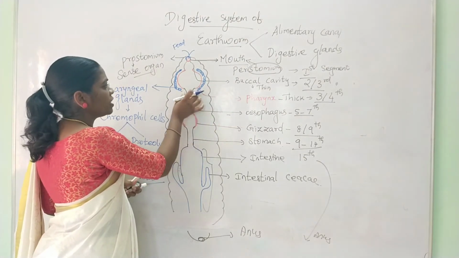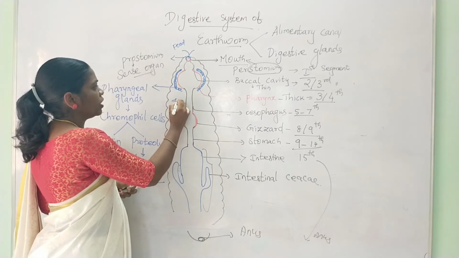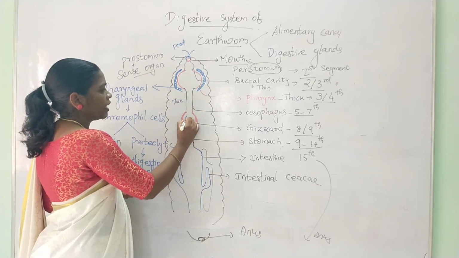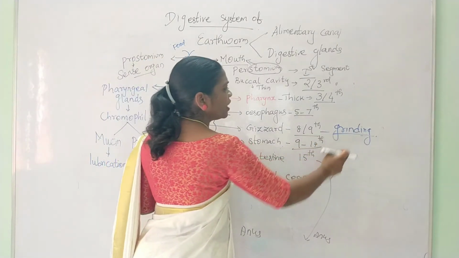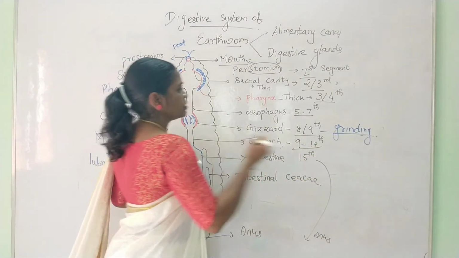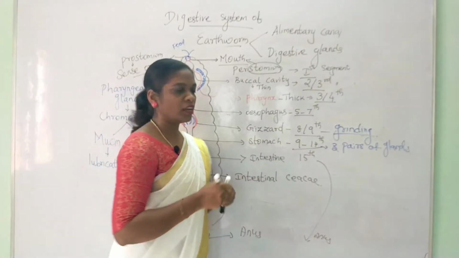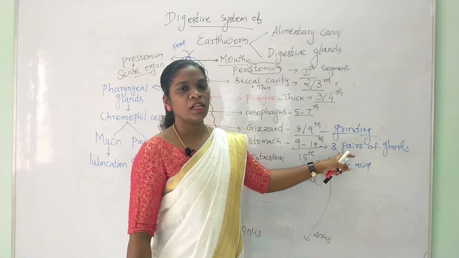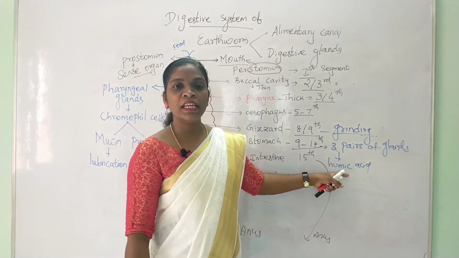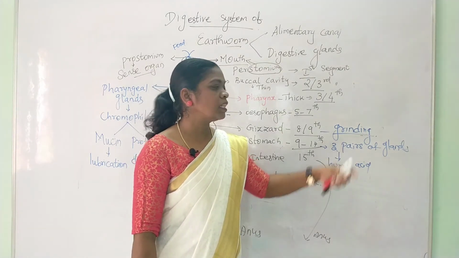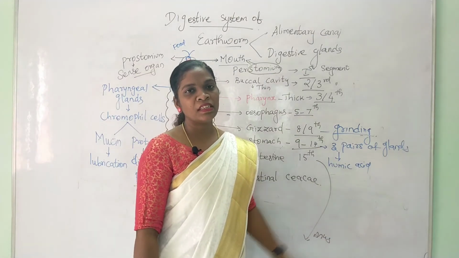In the esophagus, a narrow and thin walled region, you can find chitinous structure. The chitinous structure is involved in grinding of food substances. The stomach contains 3 pairs of glands. The worm feeds on humus. This humus contains humic acid. To digest the humic acid, they need some enzymes that are released by the 3 pairs of glands present in the stomach.